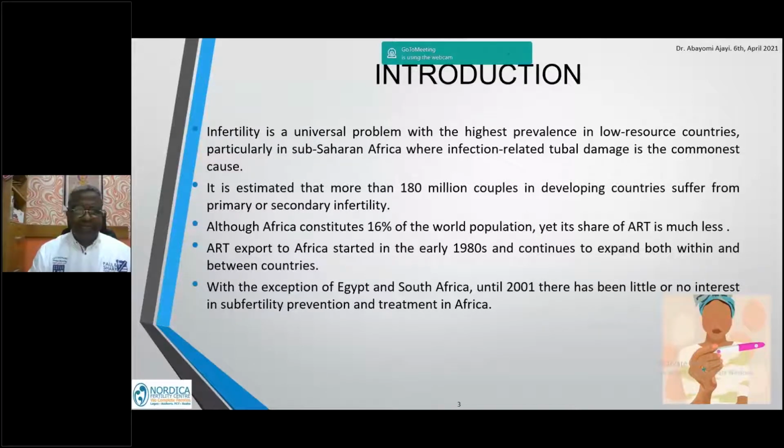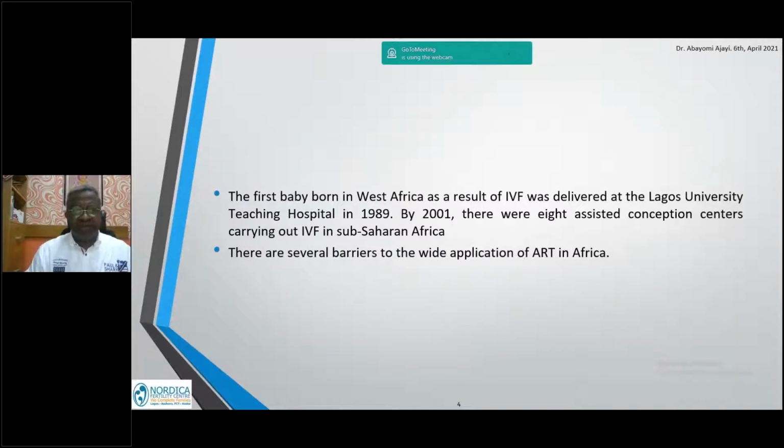We started embracing ART in Africa very early, in the 80s, and this has continued to expand. We remember that the first baby was born in 1978. This practice has continued to expand, though very slowly, and with the exception of Egypt and South Africa, until 2001 there was very little interest in subfertility prevention and treatment in Africa.